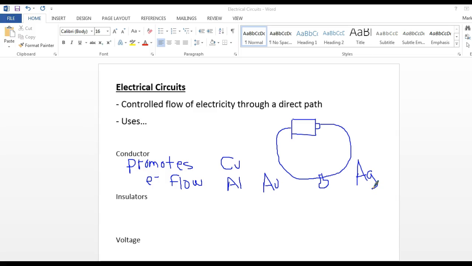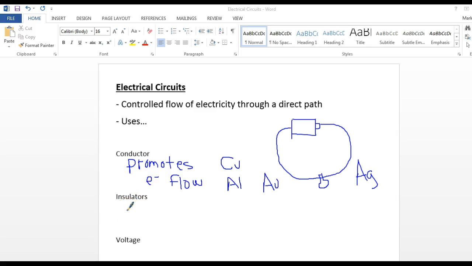Some of them are more expensive, gold and silver. You probably wouldn't want to use those except in small amounts, such as in computers. But usually, if you look at a household wire, it's going to be copper or aluminum. This is used for the wire, and I'll explain in a minute how it works with the voltage, but the conductor is the pathway.